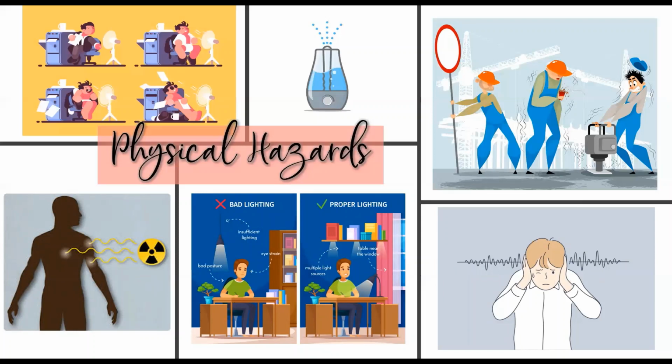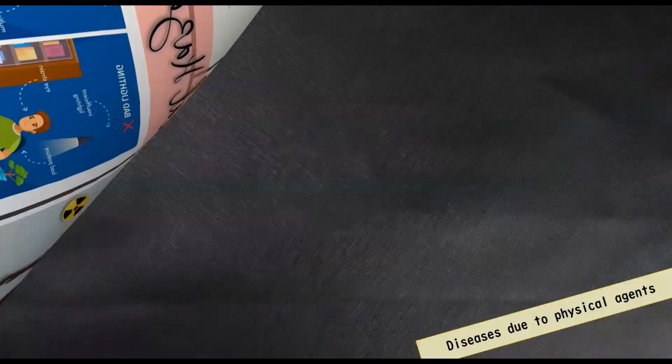Hindi lang humans ang affected with noise, but also other living organisms. Effect of noise, pwedeng loss of hearing. But aside from loss of hearing, it can also cause sleep disturbance and even cardiovascular diseases. Okay, so these are the different types of examples of physical hazards.